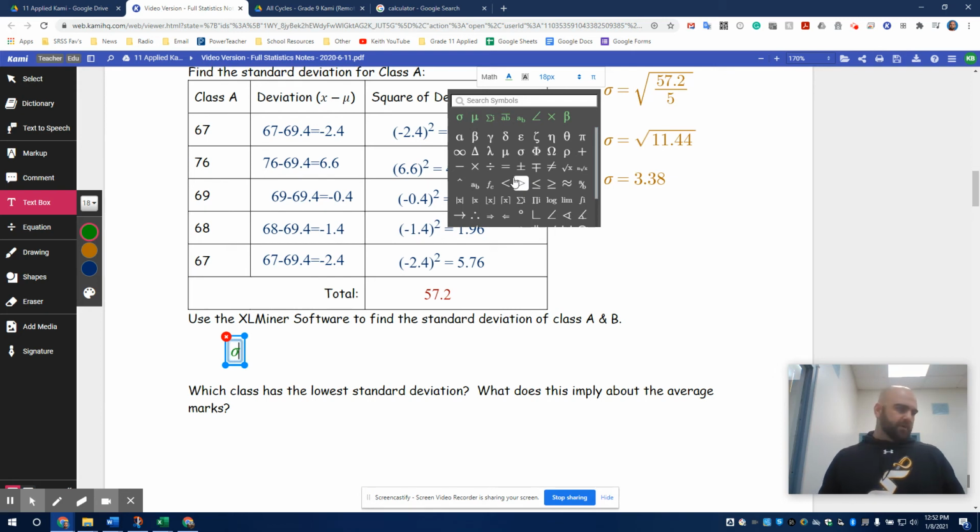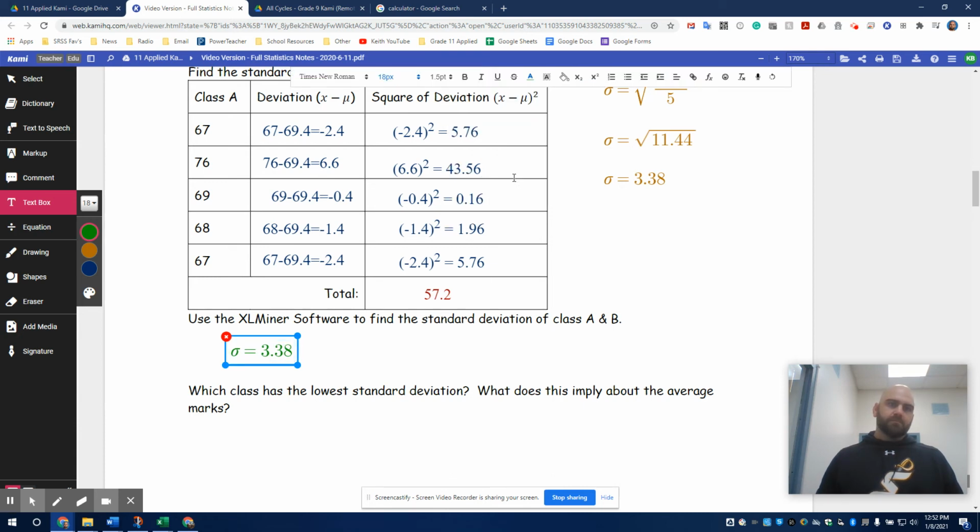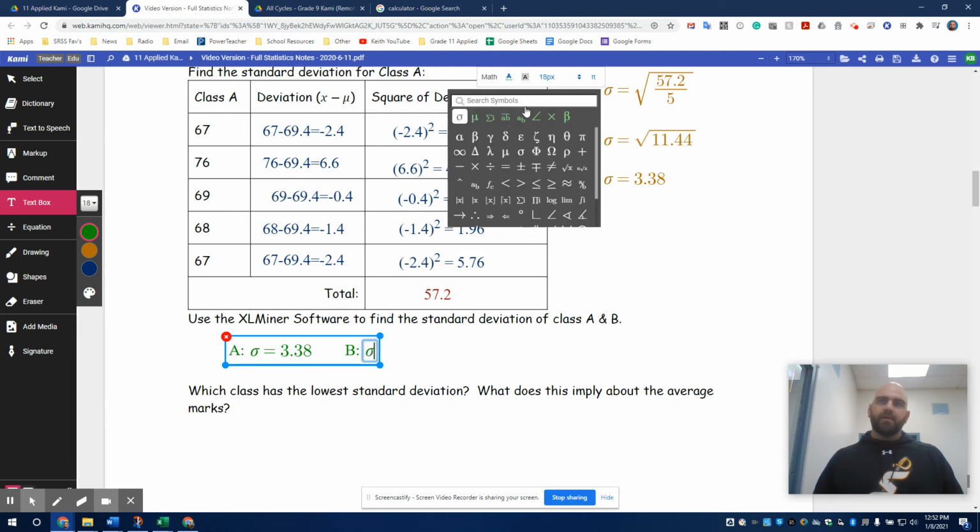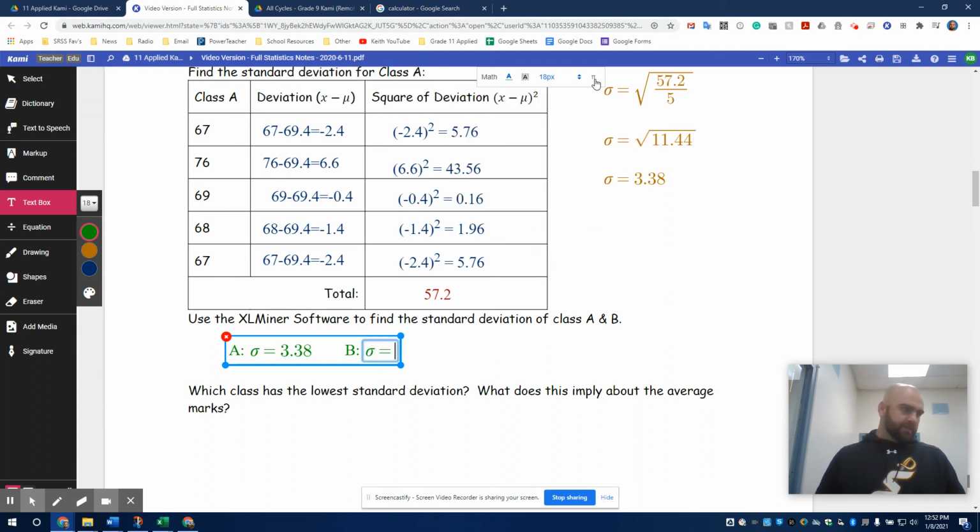We know that sigma for class A is equal to 3.38. For B, the standard deviation, sigma, is equal to 7.09.